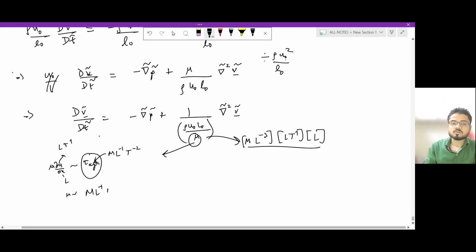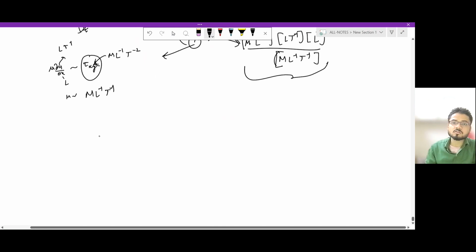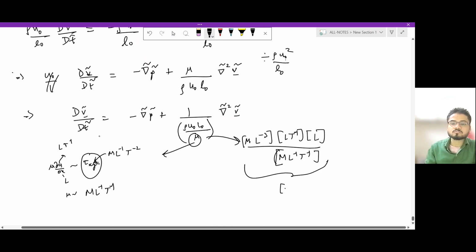Okay, so substitute this entire thing right here, ML minus 1 T minus 1. And what you observe is something that has laid down the foundations of fluid mechanics in all its entirety. So this entire thing becomes zero dimension.